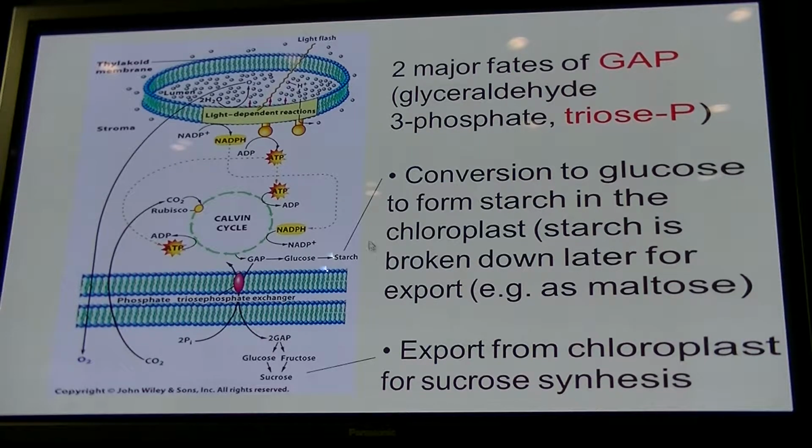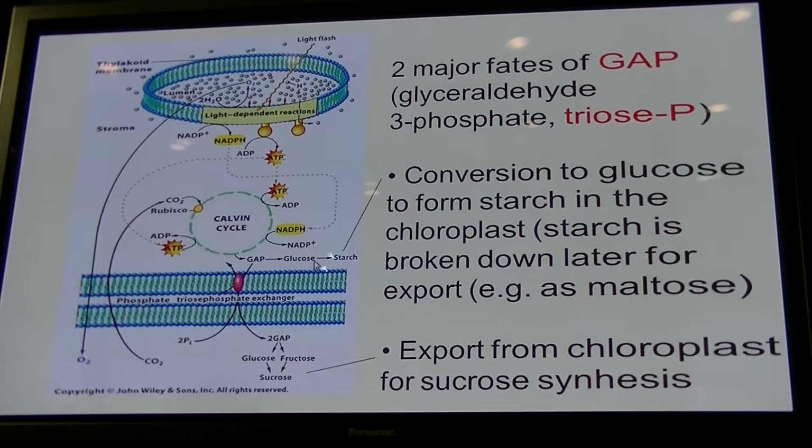Another possible fate is that if photosynthesis runs really fast in the light, then the triose can be used to make glucose, which is then activated and used to form starch. Starch is the equivalent of glycogen that we have in our muscles and in our cells.